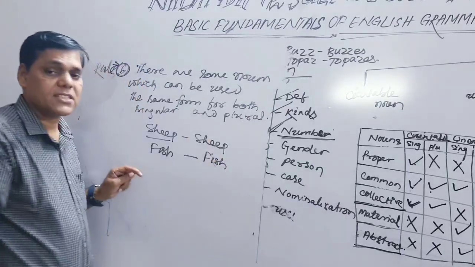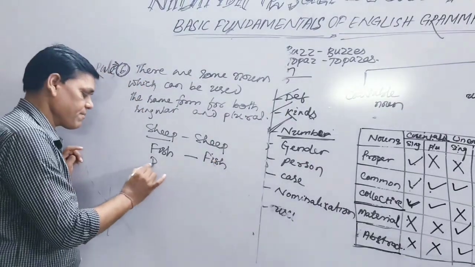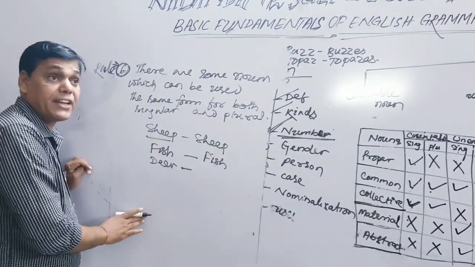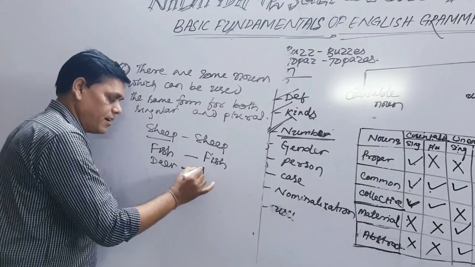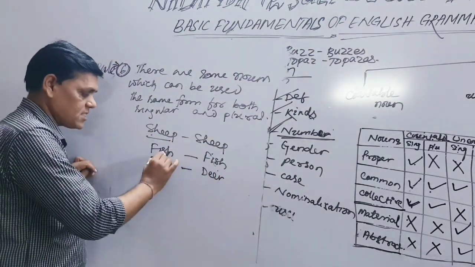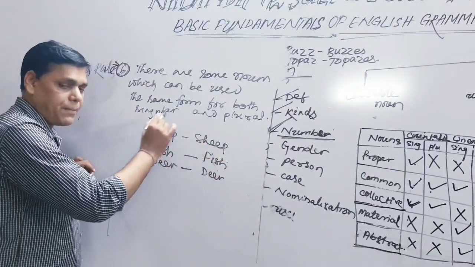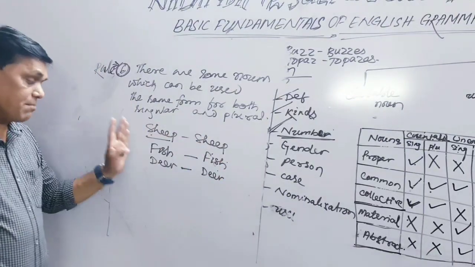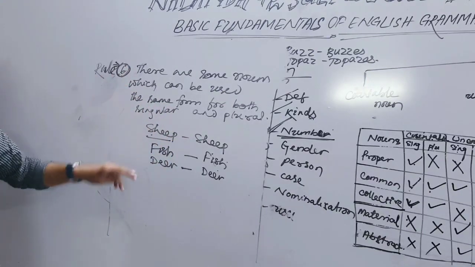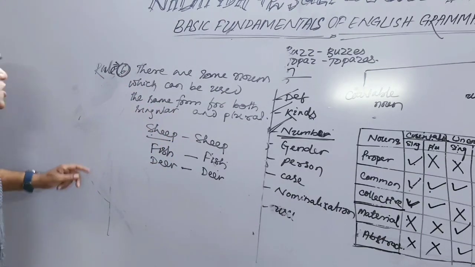We can't say fishes. Deer: a single deer is a deer, and 20 deer are also deer. Fish is, fish are. Sheep is, sheep are. It can be singular, it can also be plural. All of you clear? Rule 6 is over. Let's discuss rule 7.